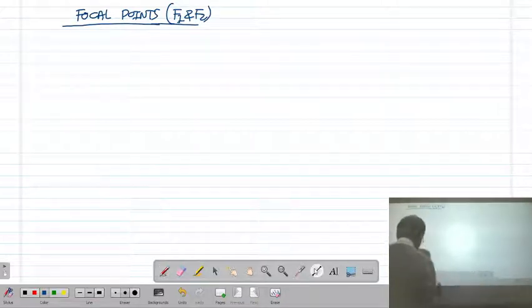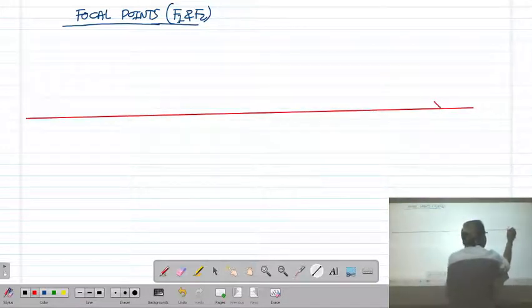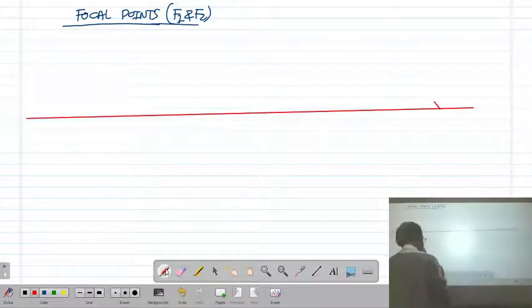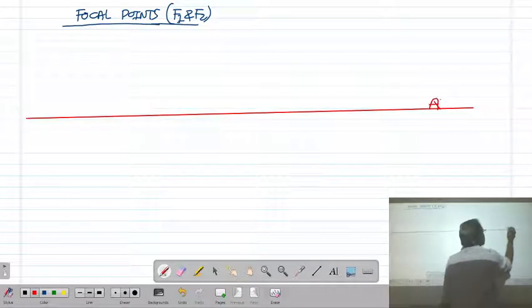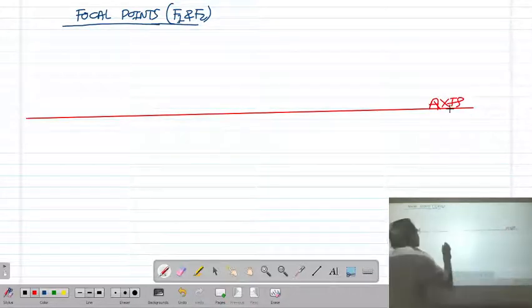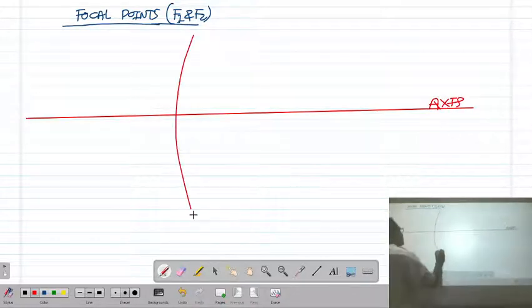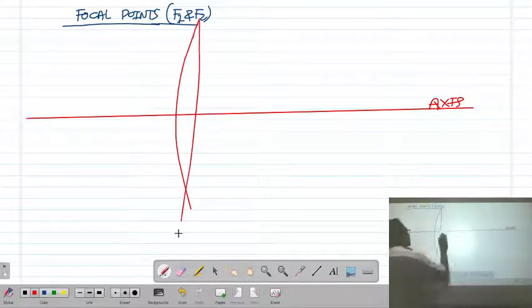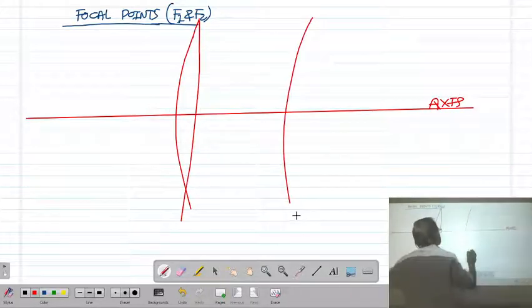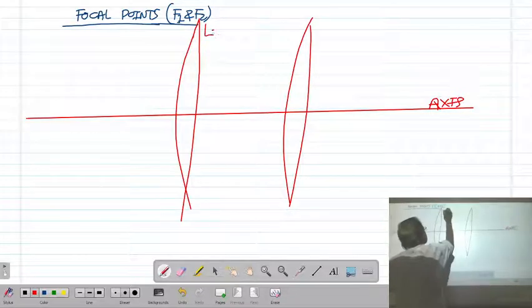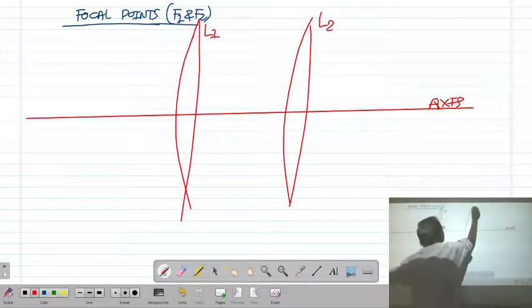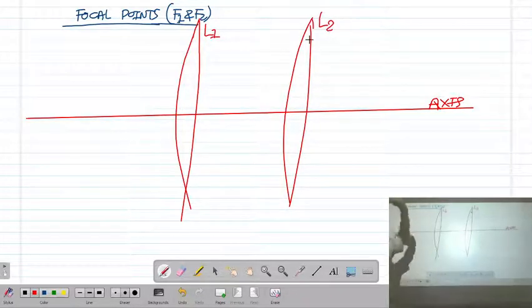Suppose this is the principal axis. We consider an optical system of 2 lenses L1 and L2.